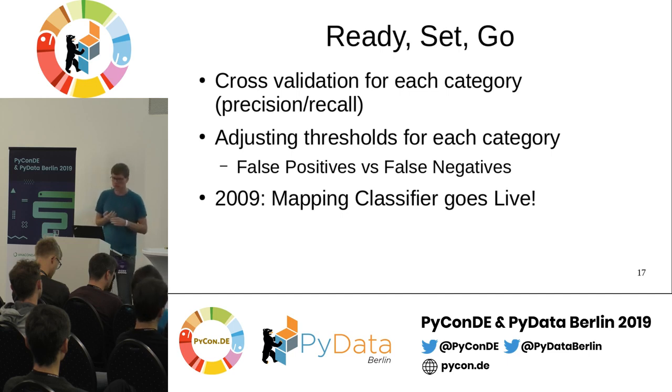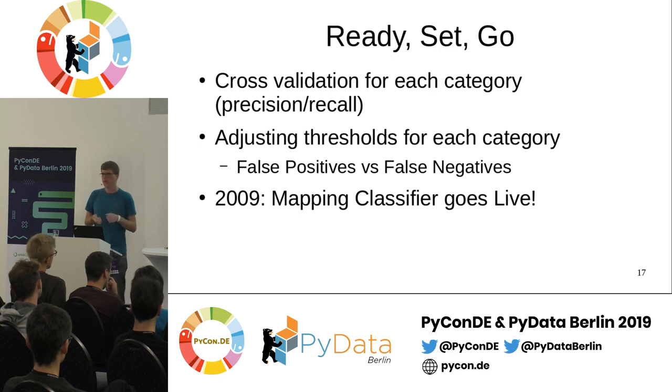Then some editorial staff needed to adjust the thresholds for each category. So for some categories, false positives are more costly than for others. So you might want to have a high threshold for some categories and a lower one for others.